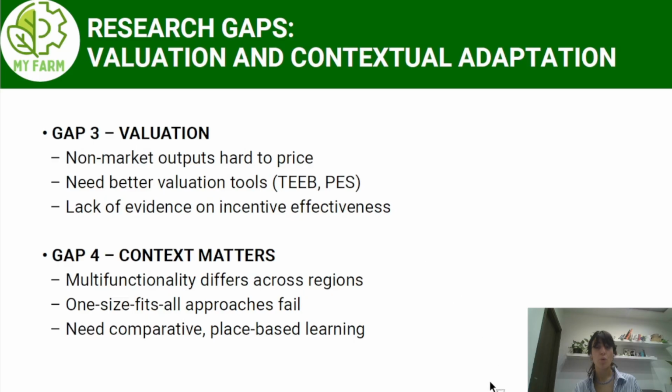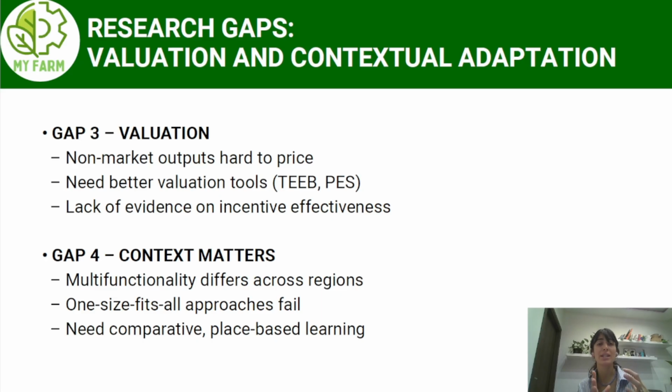Then the third gap concerns economic evaluation and incentives. Many multifunctional outputs, biodiversity, landscape quality, and cultural values, do not have a market price. This makes it challenging to design targeted payments or incentives.